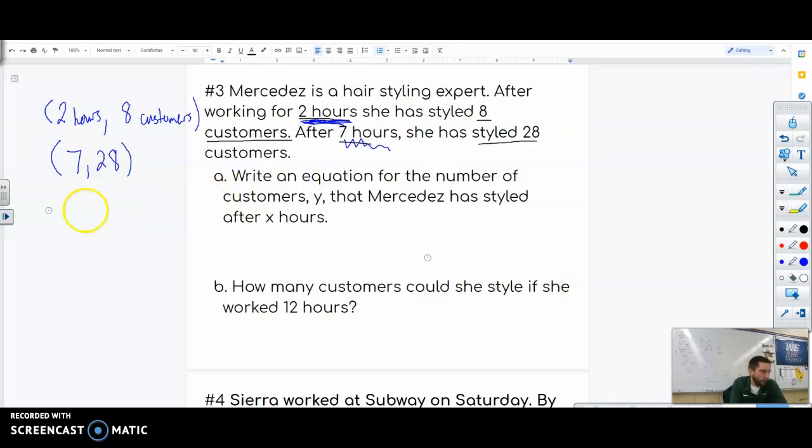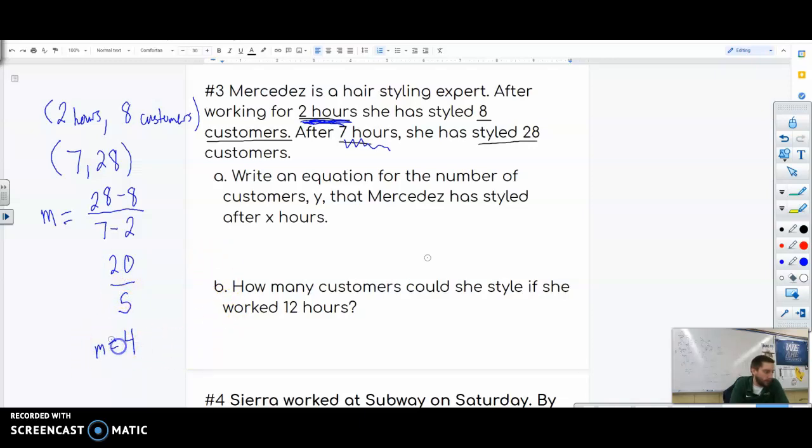Well, I need to find slope, right? This is good review for the test we have coming up, finding the rate of change, finding the slope. If you remember, we go y2 minus y1 over x2 minus x1. Y is on the top, so 28 minus 8. X is on the bottom, that'd be 7 minus 2. 28 minus 8 is 20. 7 minus 2 is 5. 20 divided by 5 is 4.